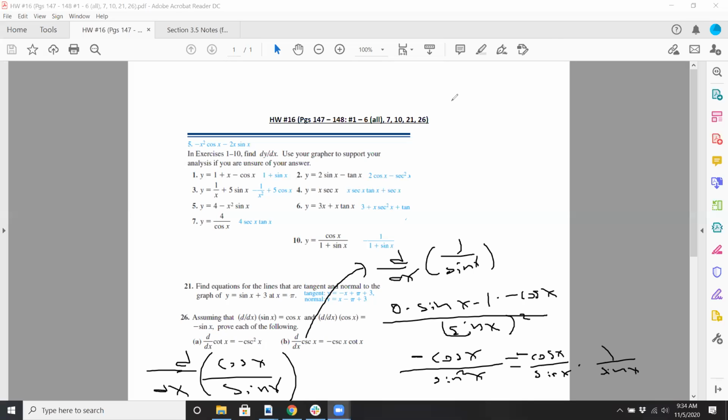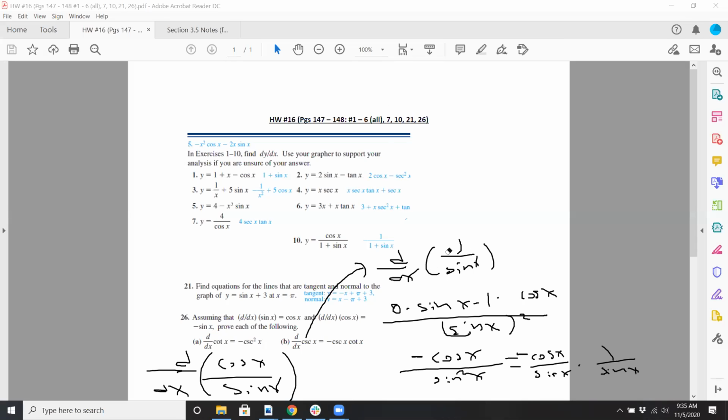Okay, let me go back to number 10 again. Someone's asked about 10. I'll come back to that in just a sec. So again, 0 times sine x is 0. Then I have -1 times negative cos x. So that's, oh, wait, hold on. Did I do something wrong here? Oh, the derivative of sine is positive cosine. Sorry about that. When I'm doing my quotient rule, I do low d high.